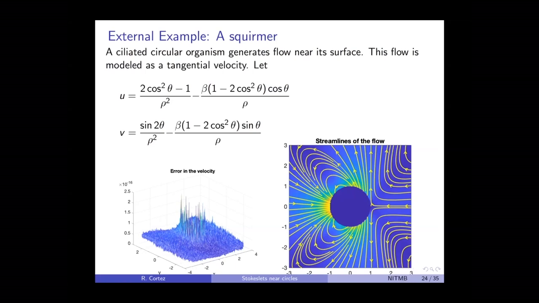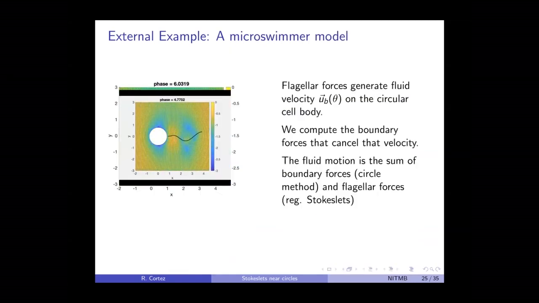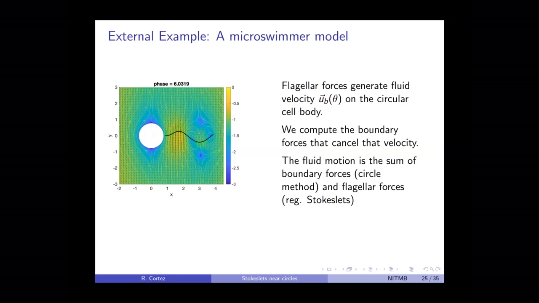Another example, which I think is coming up, is, for example, suppose we have something like an organism with a circular head. Don't blink, because this is fast. That's it. So in this case, what I have is something that looks like a swimming organism. There are forces on the flagellum that are pushing fluid around.